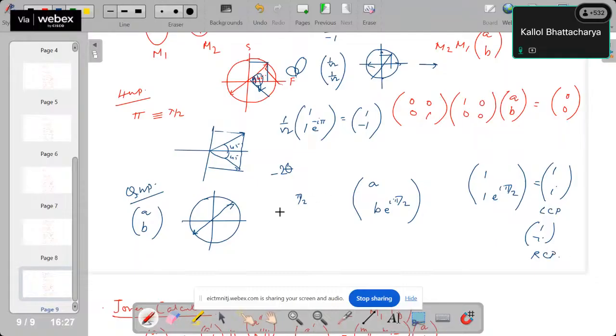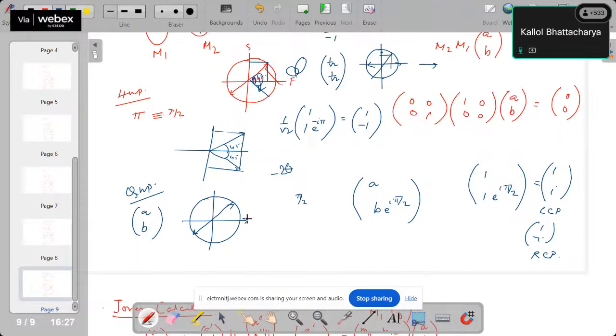That is to say that a quarter wave plate can change linearly polarized light to circularly polarized light if your linear vibration state makes an angle of 45 degrees with either the slow axis or the fast axis.